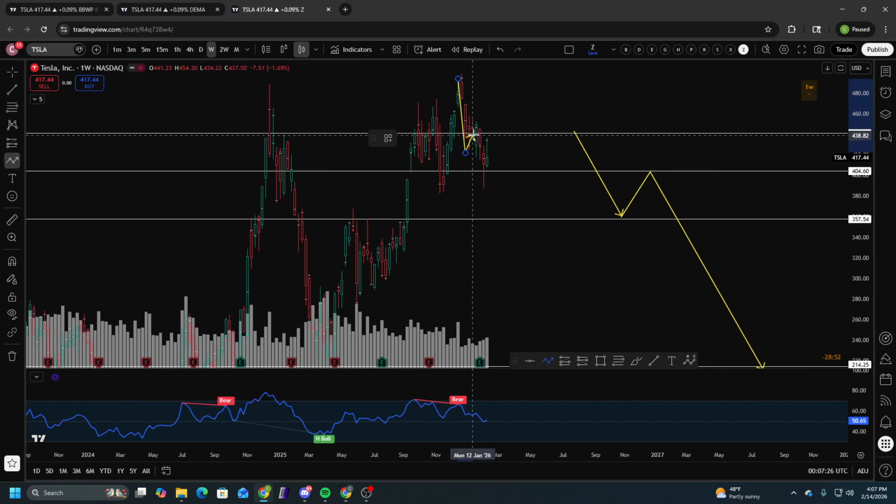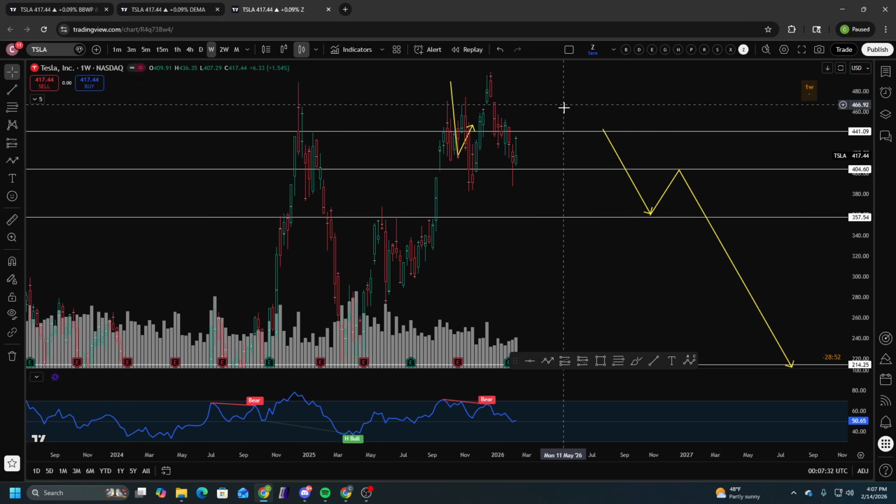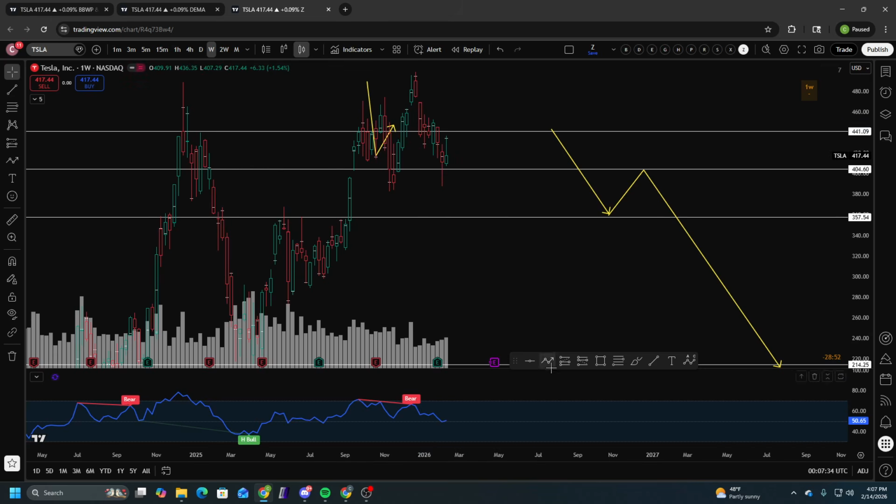We went down and then we came up and we tried to regain the local level that took us up, which would be right here. So this is what we gained and tested to take us up to this high. So what did we do? We came down here, we lost this level, and now we've retested it on a weekly time frame. So currently the trend is down.